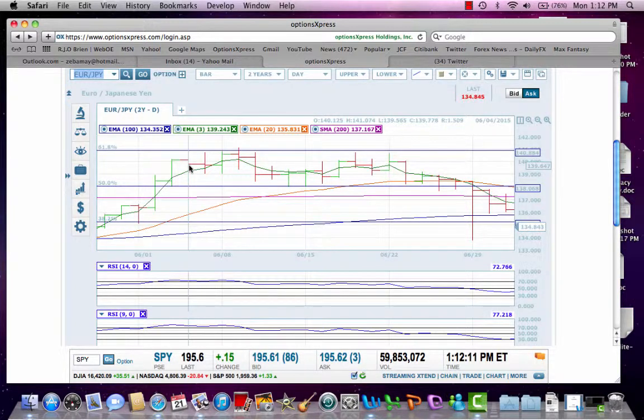But we end up closing at 139.77, and let's call it 139.80, which gives us, because remember, we sold at 140.85, at 139.80 a 105 pip take profit, which equates on a 100,000 euro yen position to $875.